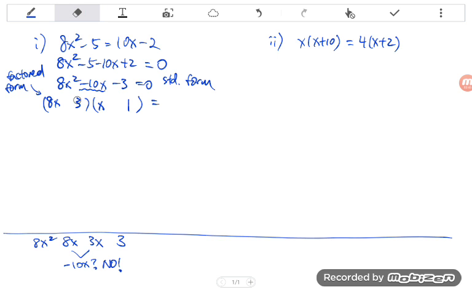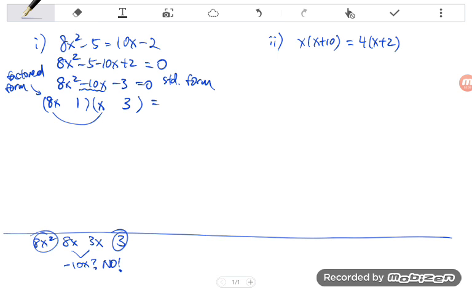So let's try to change the 3 and the 1. So if I have 1 here, 1 there, and 3 over there. Now 1 times 3 gives me the 3, so that's good, right? The 8x times x gives me the 8x squared, so that's good too.